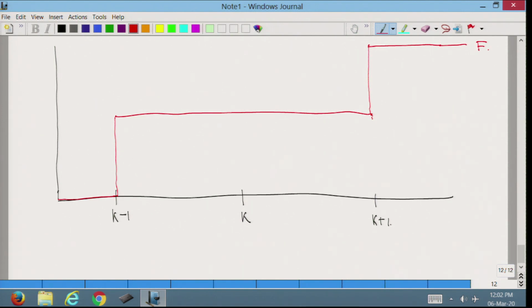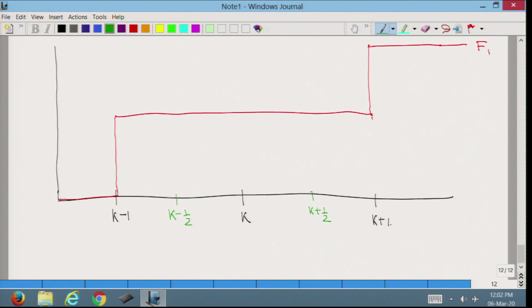So, that is the CDF of x 1. X 2 will take the values k minus half and k plus half with probabilities half and half.